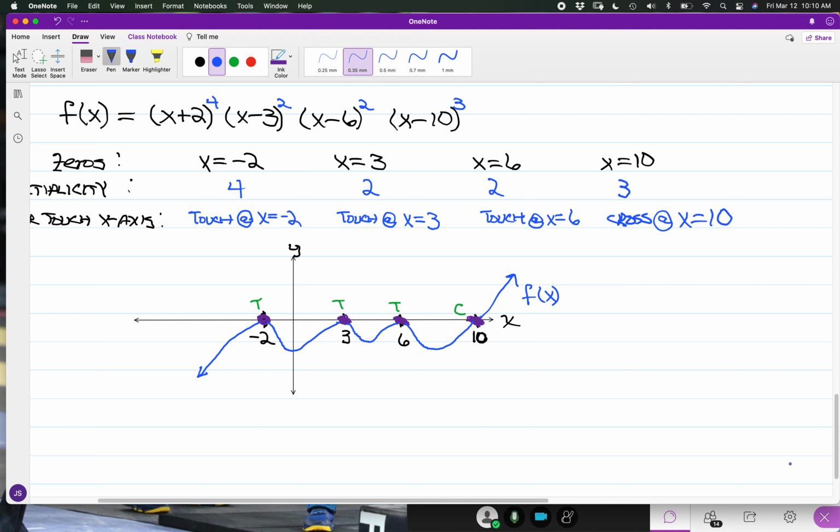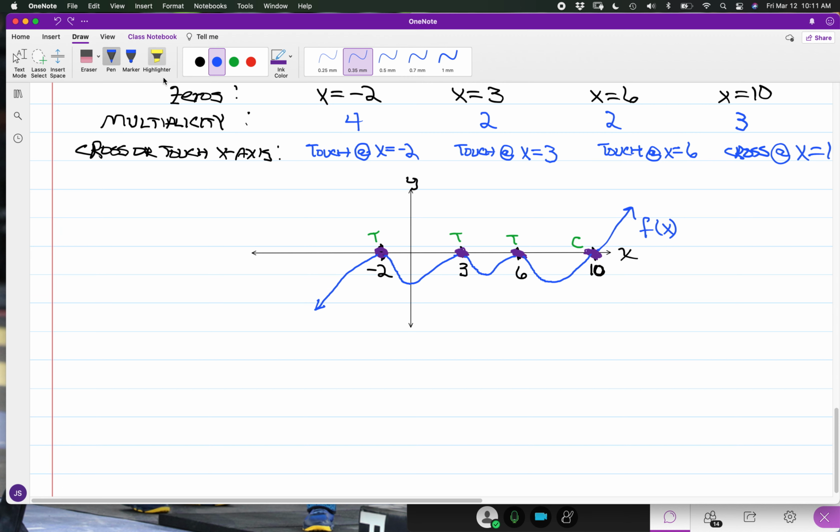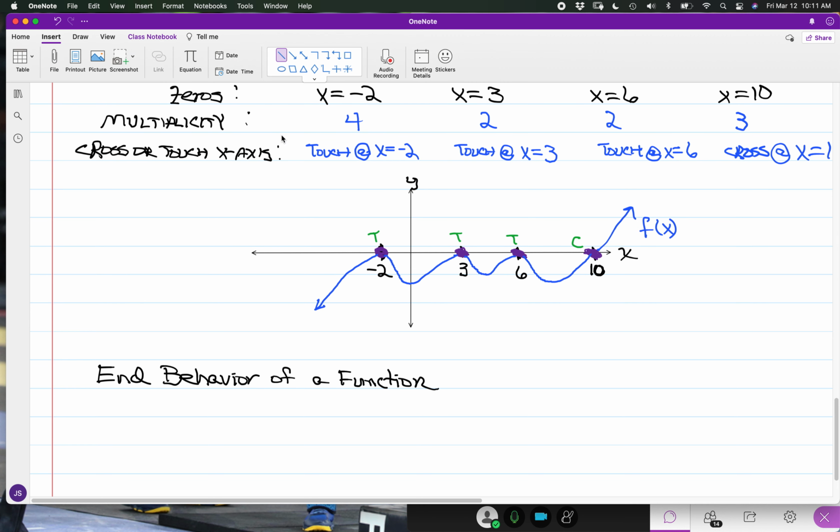Well, there is a key set of details that is going to define the end behavior of the graph of a function.